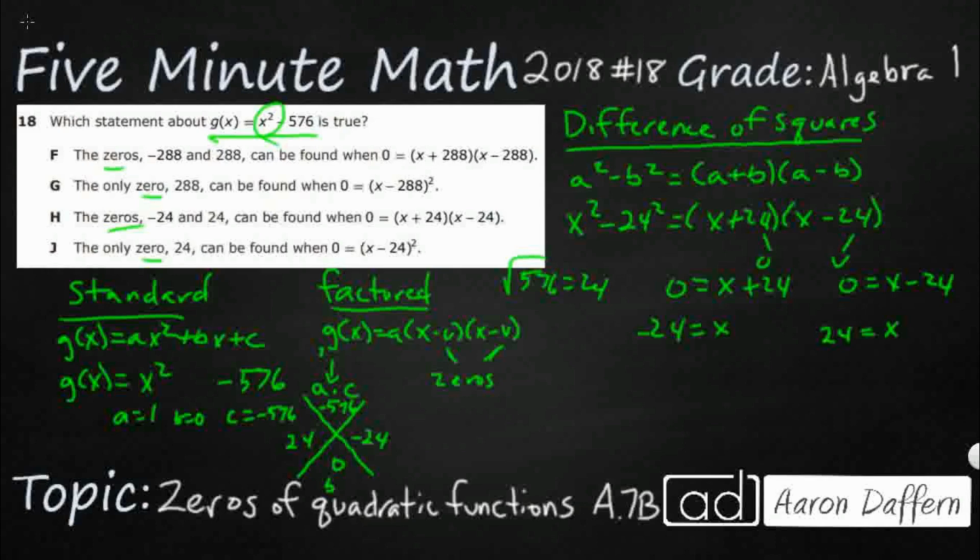Since it's x minus u, in order for that to be a minus, it's going to be minus 24, and that x is simply going to be 24. So we see that we actually have it right there. On h, we do have the correct zeros of negative 24 and positive 24, so my answer here is going to be h.